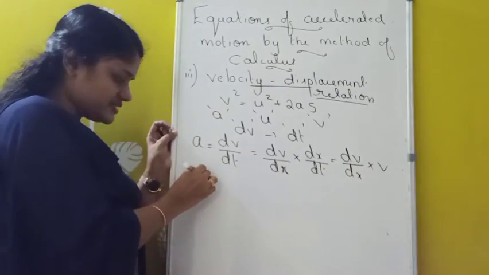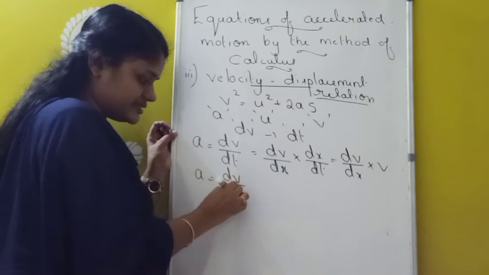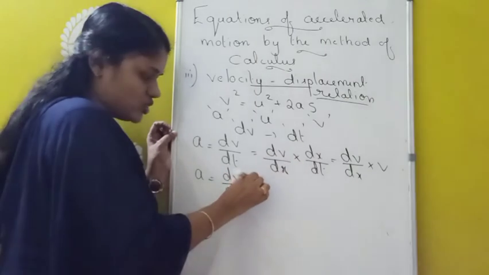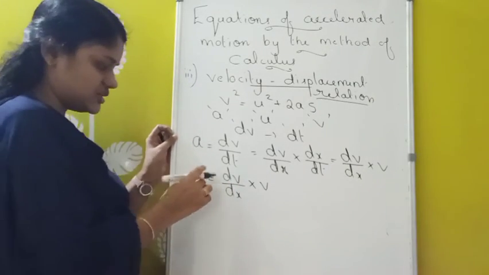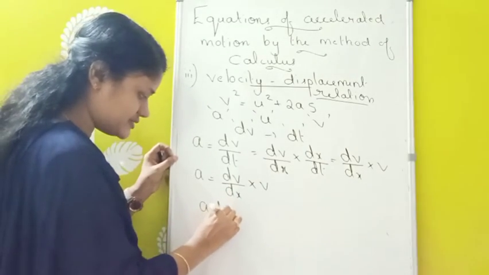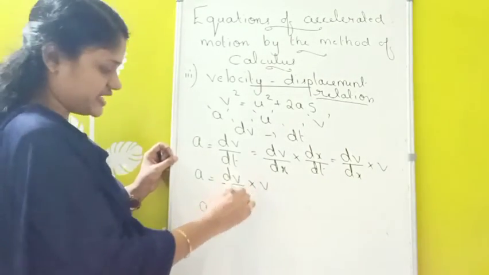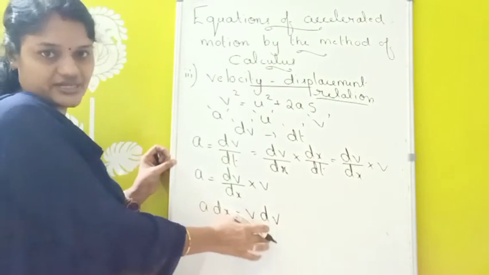So acceleration a equals dv by dx into v. Now cross multiplying, a into dx equals v into dv. So now we got the relation.